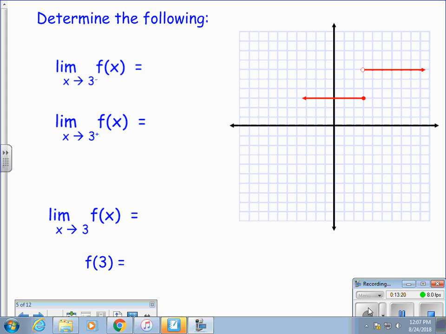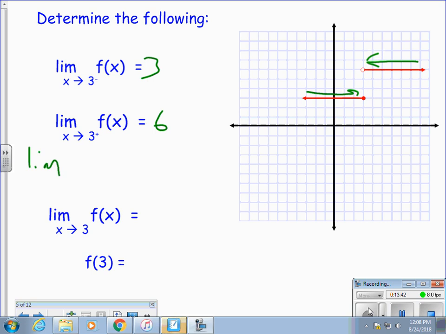Okay. So the limit as x approaches 3 from the left. As I move along here, what's my y value? 3. As I approach from the right, going this way, what is it? 6.